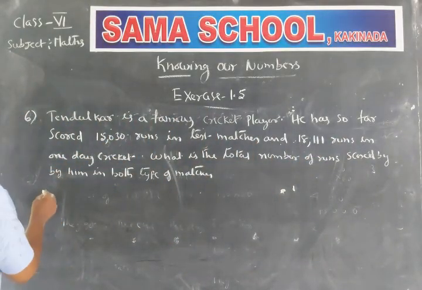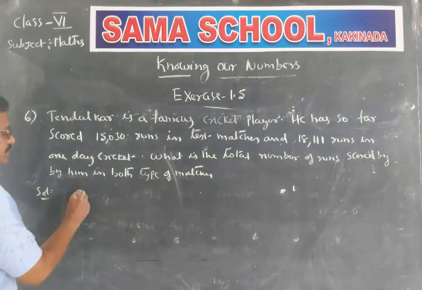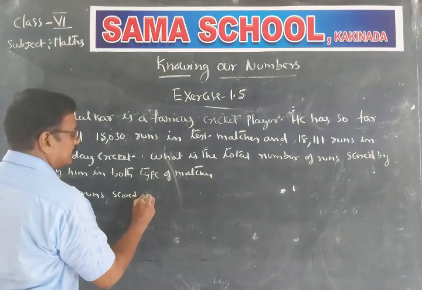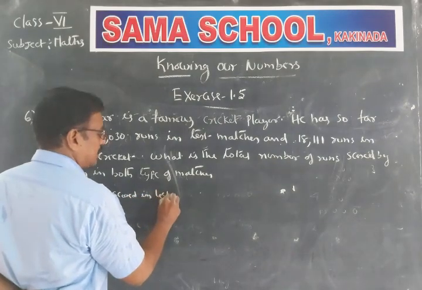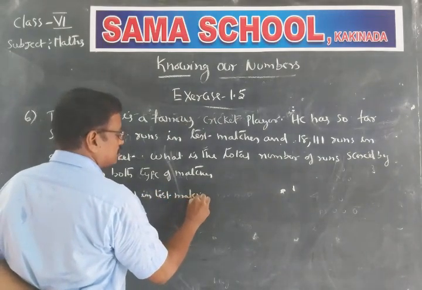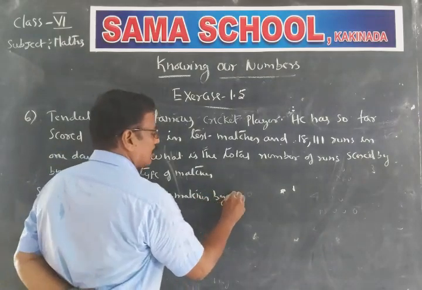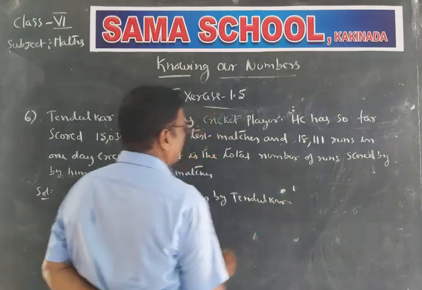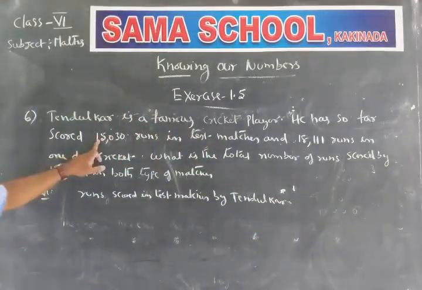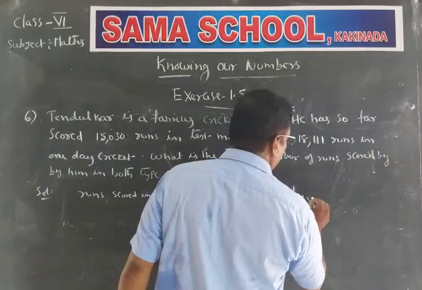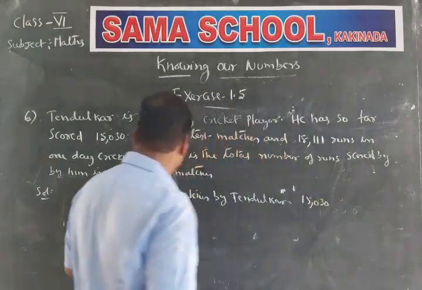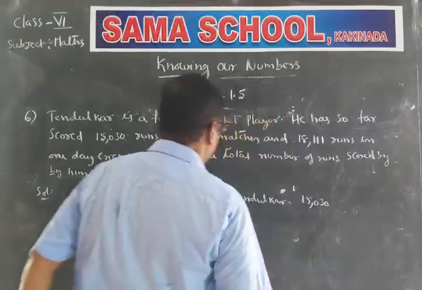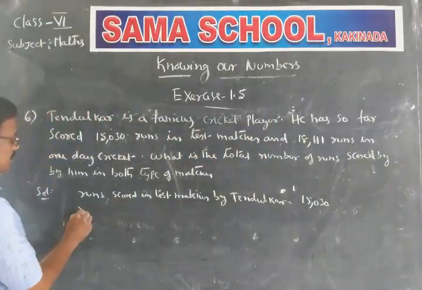Okay, now the solution. Runs scored in test matches by Tendulkar are 15,030 runs.